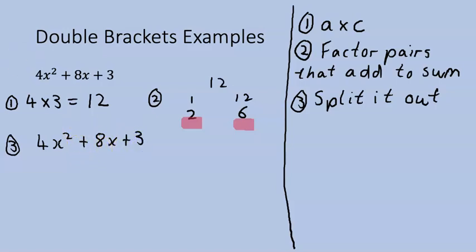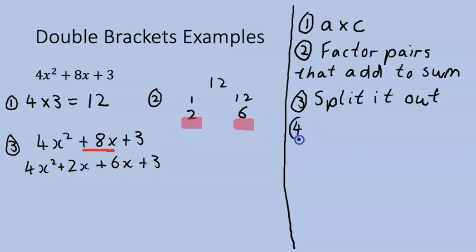And this 8x here, we're going to use the 2 and the 6. We're going to split it into 2x plus 6x. I'm going to write just underneath here. And then I'm going to attach on my 4x squared and then my plus 3.